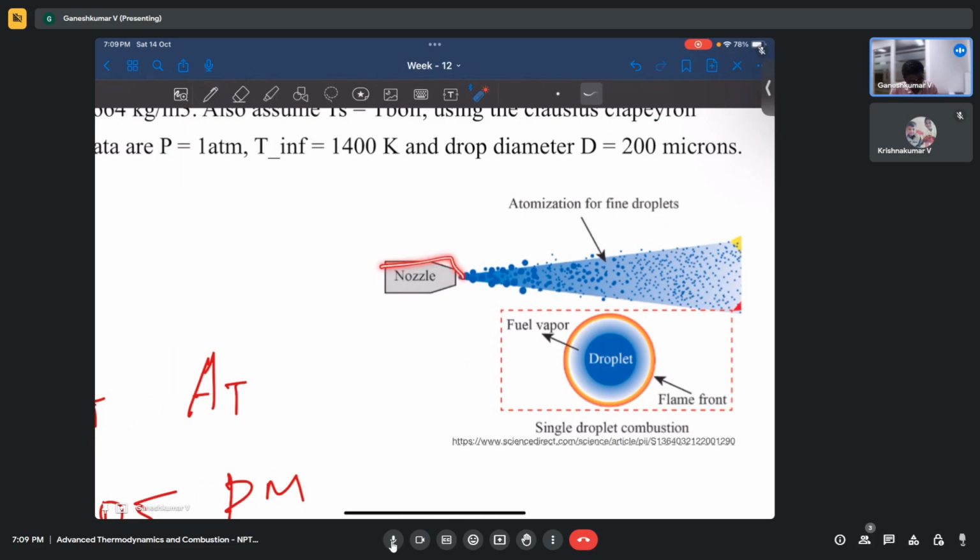And basically there will be a nozzle or atomizer, a spray atomizer, which generates fuel droplets. Even in rocket engines, there will be two nozzles similar to this. One will be for fuel and one will be for oxidizer. They spray both of them inside, and these two, fuel droplet and oxidizer droplet, interact with each other and the combustion happens, and high temperature, high pressure gases are generated inside the combustion chamber.